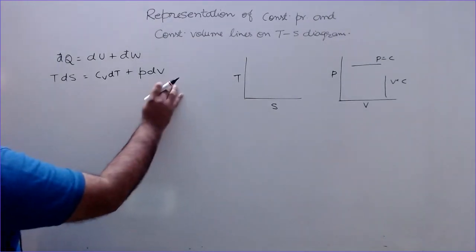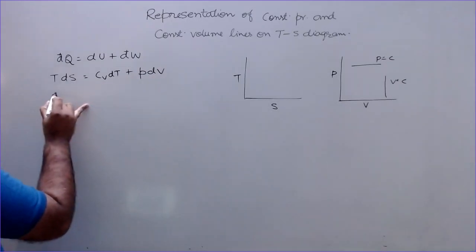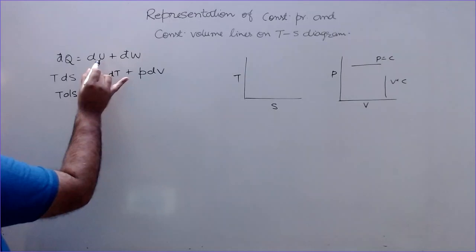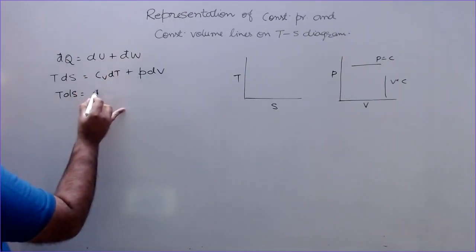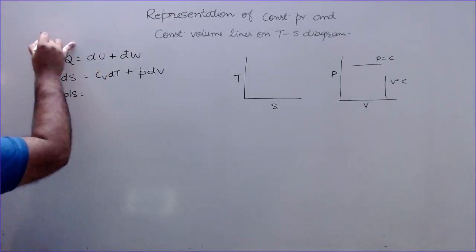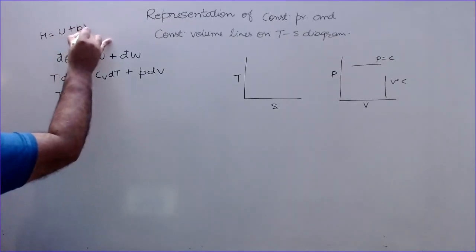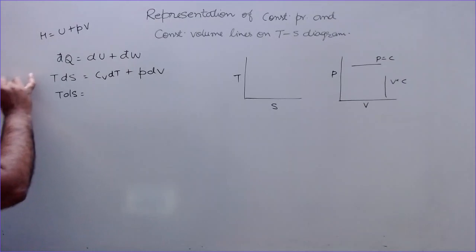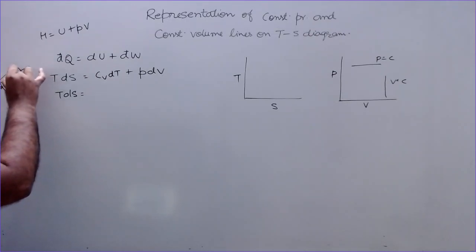This is for a non-flow process, and it can also be written as dq equal to, in place of du, dh. So h is the enthalpy of the system: internal energy plus this, which is called flow work. What is flow work? Suppose we have this pipe and the fluid is flowing here, entering this and going out from this.